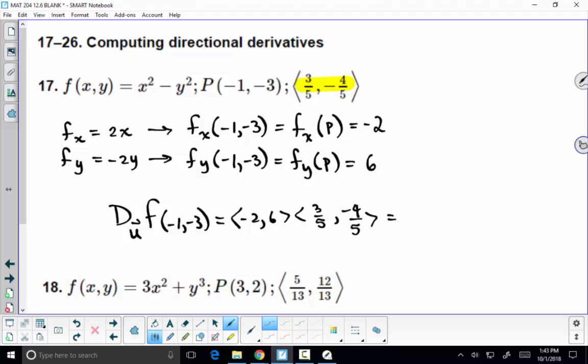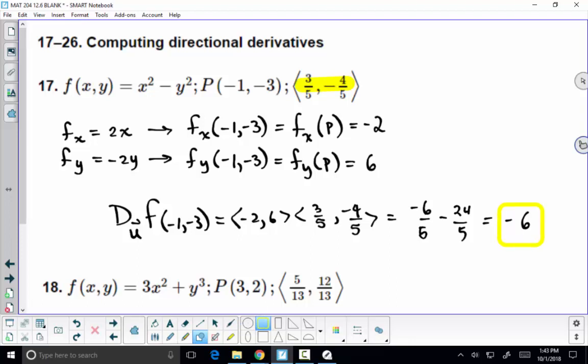So whatever that works out to be, -6 over 5 minus 24 over 5, -30 over 5, which is -6. So that is our rate of change in the direction 3/5, -4/5.